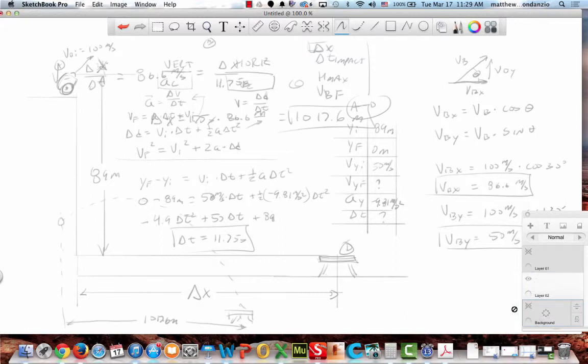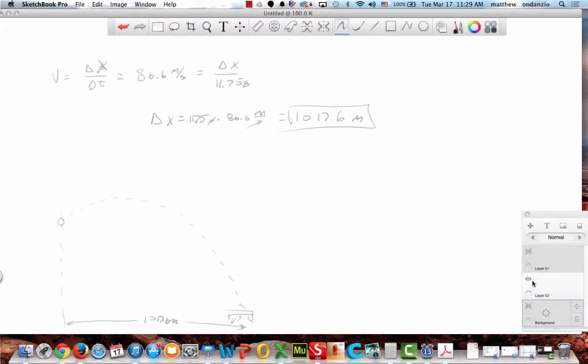Okay, so in order to do my height max, I'm looking from A to B this time, right? And if I look at my y initial, my y final, vy initial, vy final, my acceleration in the y, and my delta time.